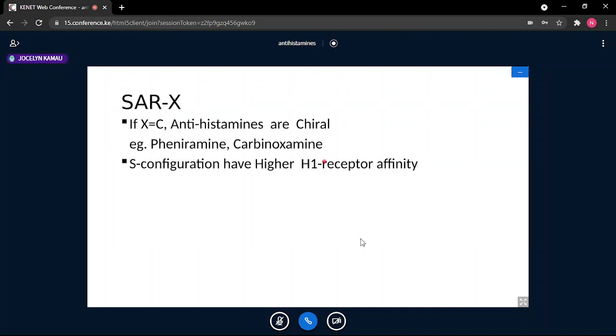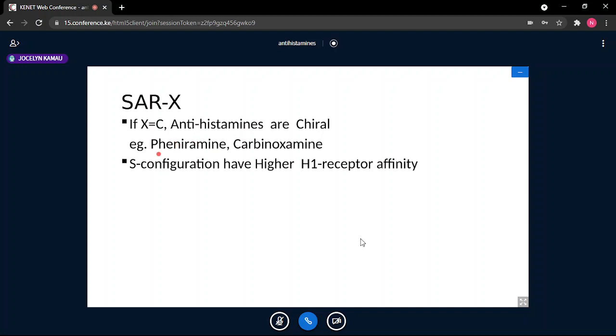SAR of X, what do we expect of X? If X is equal to a carbon, the antihistamines will exhibit chirality, for example, pheniramine and carbinoxamine. If you look at chlorpheniramine or pheniramine, it is able to exhibit stereochemistry because one of the rings is a pyridine ring and the other ring is a benzene ring.